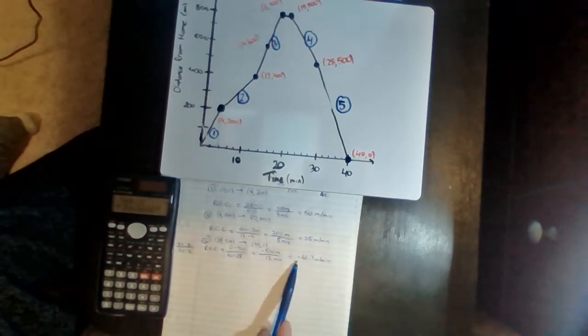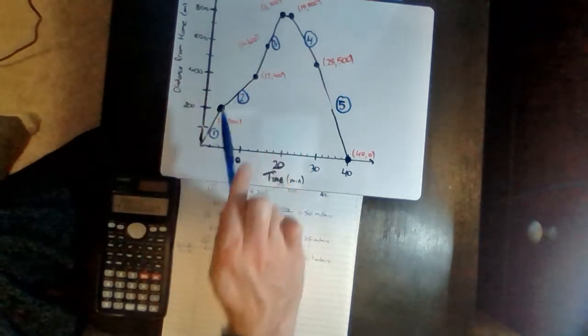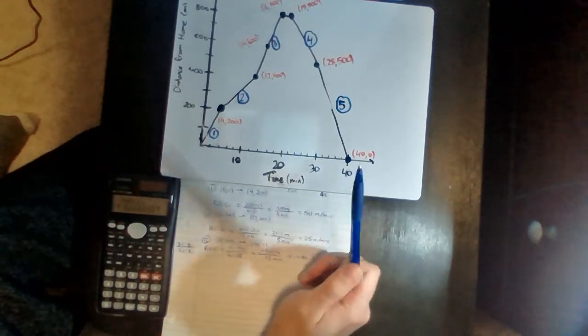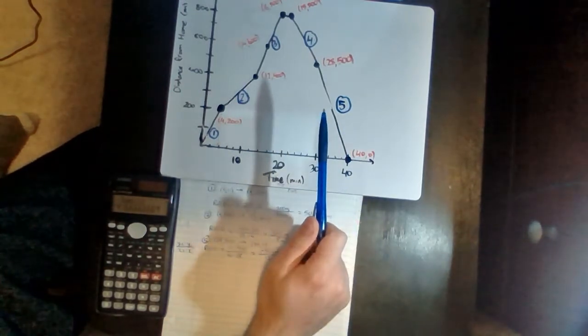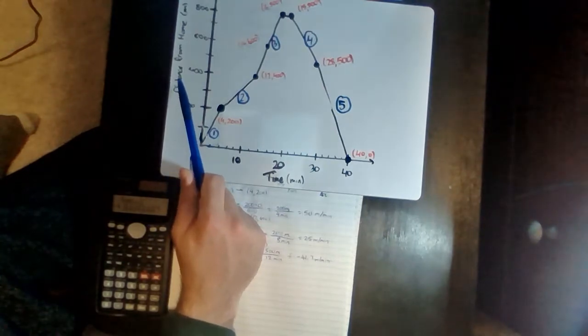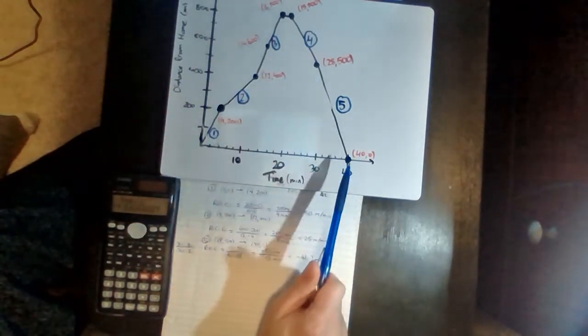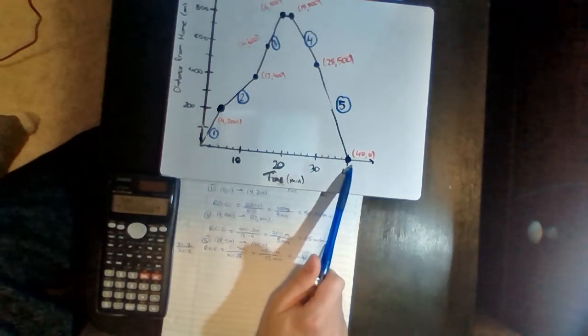So what does it mean to have a negative rate of change? That means as we're moving left to right, same as a negative slope, our y value's decreasing. He's getting closer to home, so his distance from home is going to decrease all the way from 500 till he's at home. He's 0 meters away from home.